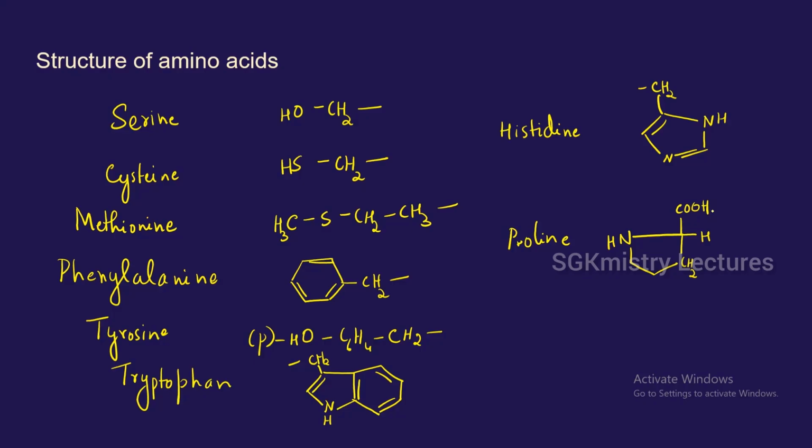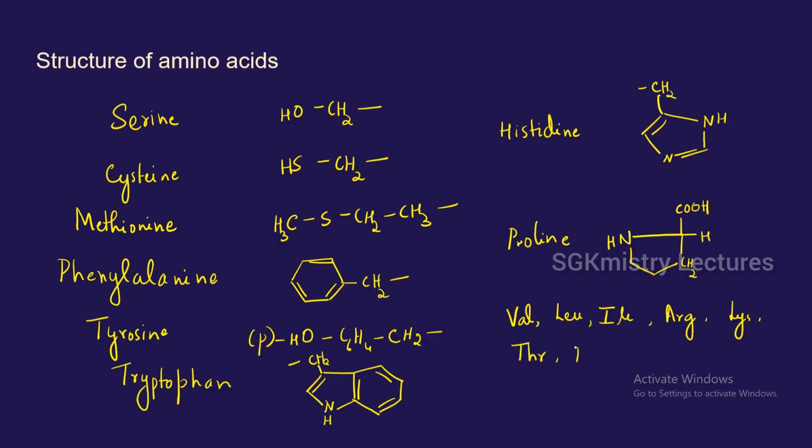Now talking about the essential amino acids, among these, whatever we have written: valine. Then we have leucine, LEU. Then we have isoleucine, I'll just write it as ILE. Then we have arginine. Then we have lysine. Next is threonine.